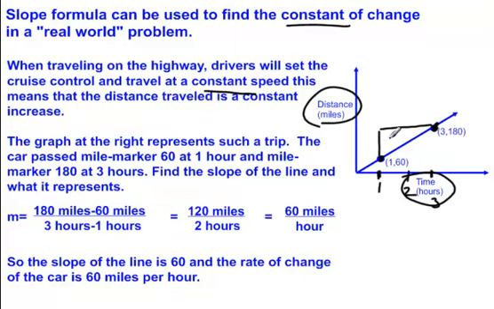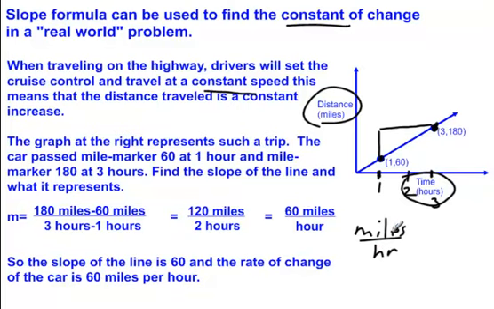So we can actually find the slope of this by doing a right triangle, but since this is real life, we can also use the numbers that have labels. We know I'm going from 60 to 180. We know that distance is my y-coordinate. How do we know that? Because they're giving us labels. They want miles per hour.